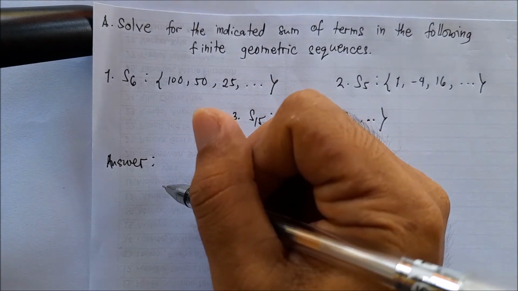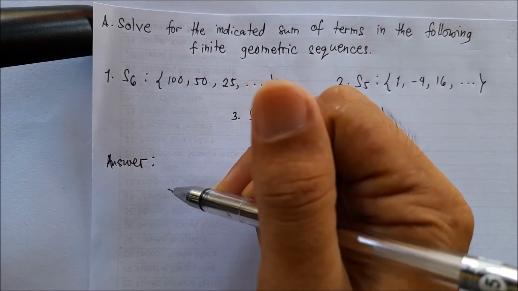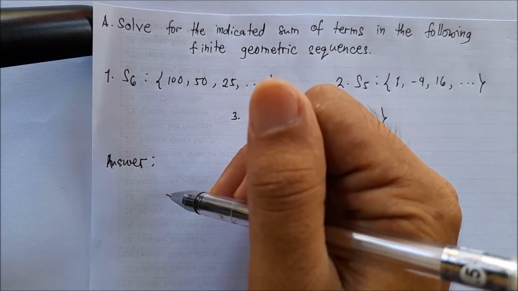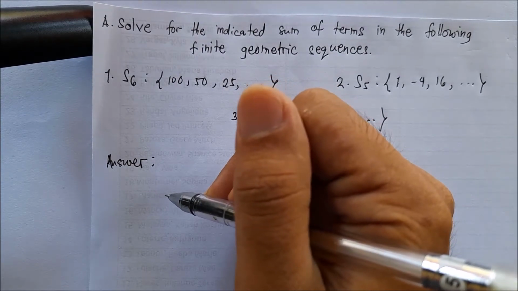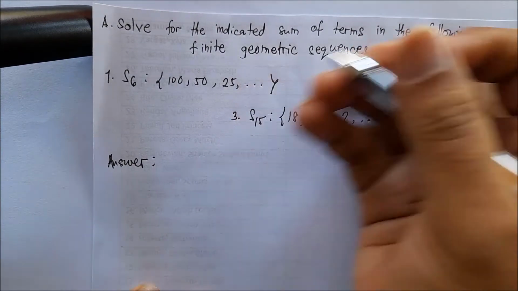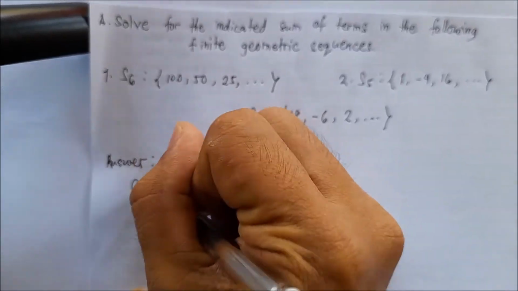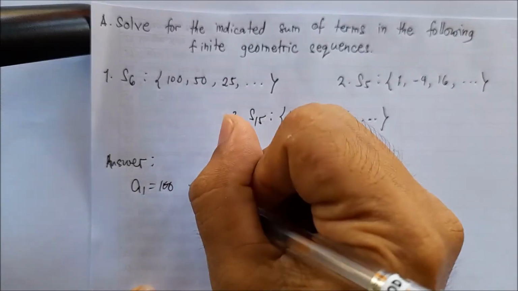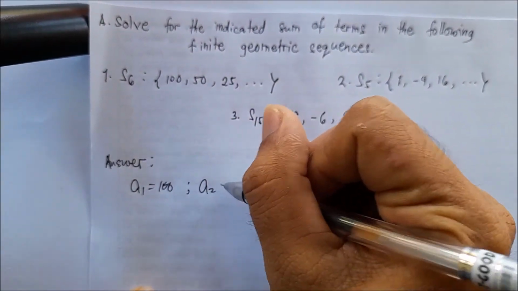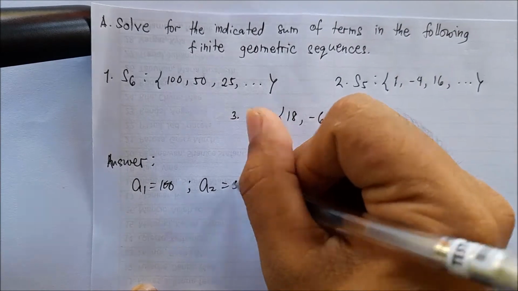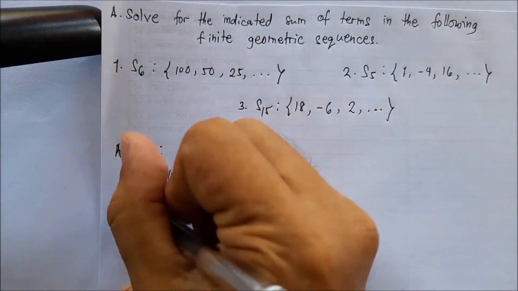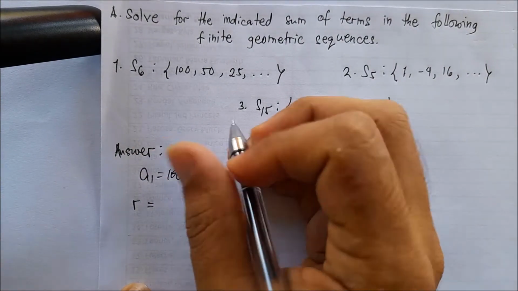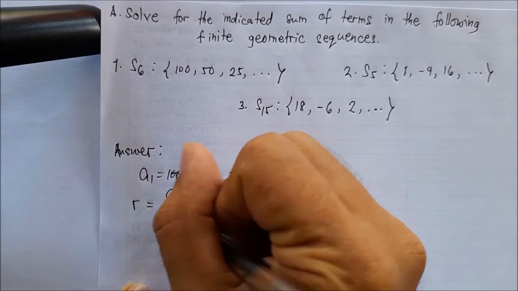What is the formula of common ratio? It is to divide the second term by the first term. So what is the value of the first term? A sub 1 is equal to 100 from the given, and a sub 2 equals 50. r, which is the ratio, equals a sub 2 over a sub 1.